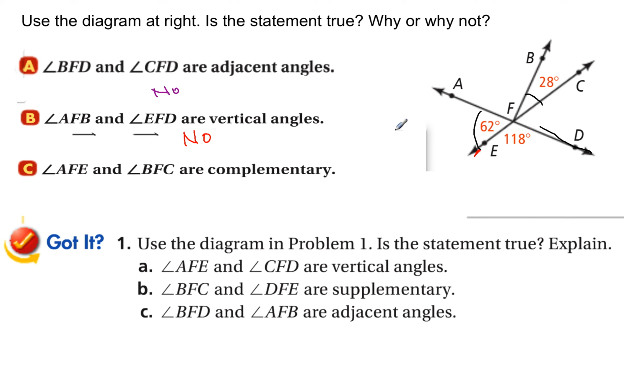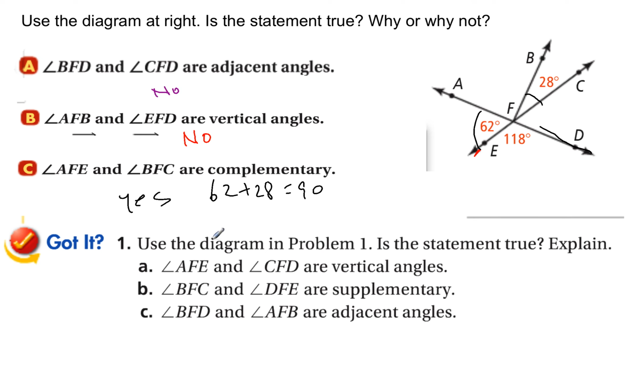Are they complementary? Well, remember, complementary angles do not need to be adjacent. They just need to have a sum of 90 degrees. And 62 plus 28 is equal to 90 degrees. So the answer is yes. Why don't you put your player on pause, try to do these three questions, and see if you get the same answers as I do.